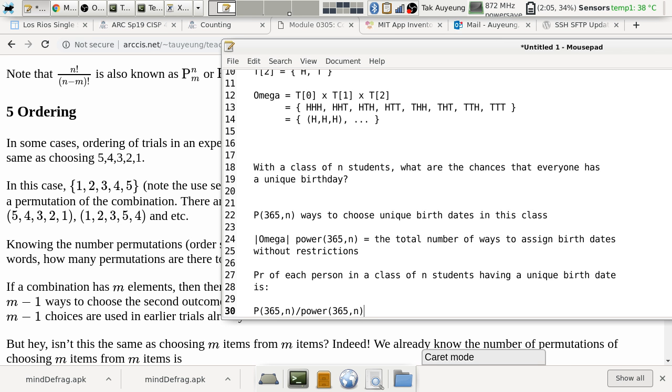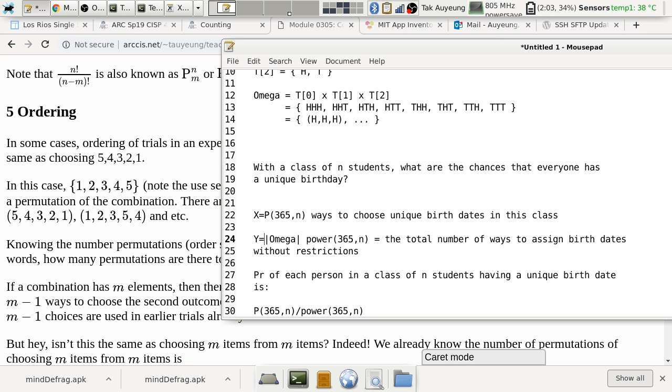Let me just use a symbol here, because instead of saying permutation of 365 choose n and 365 to the power of n all the time, we'll just refer to those things as x and y. X represents the number of ways to do things that I'm interested in. Y is representing the total number of ways to arrange things, including the ones that I'm not interested in.